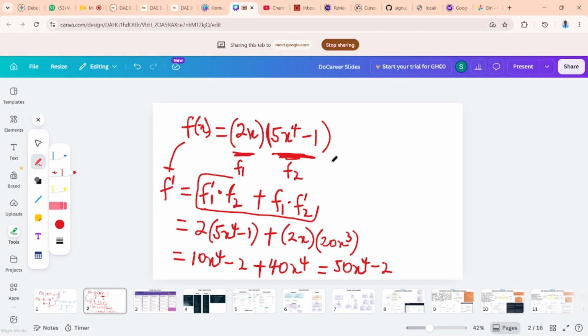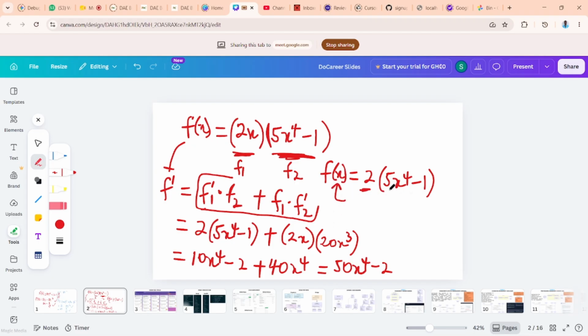See this one. If I had given a function like f of x is equal to 2 multiplying 5x to the power 4 minus 1, this 2 is a constant. It's not a function expression. A function should also contain the independent variable.